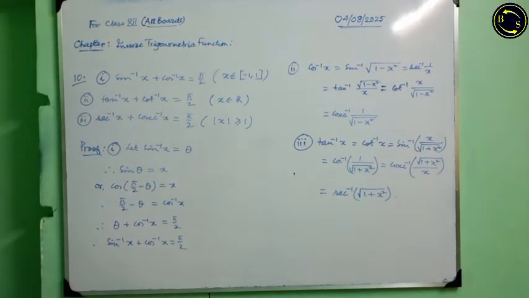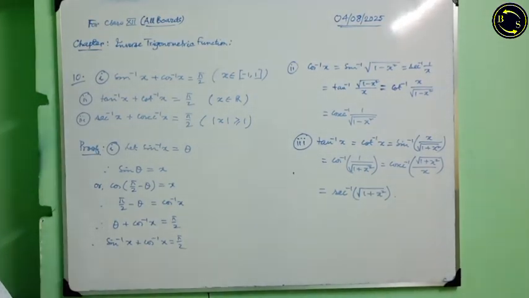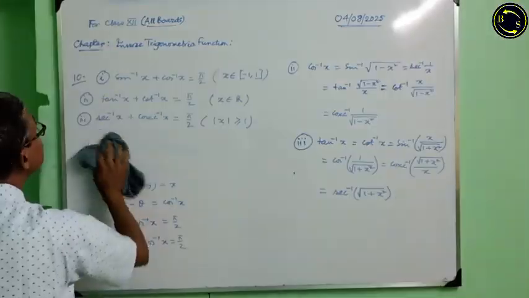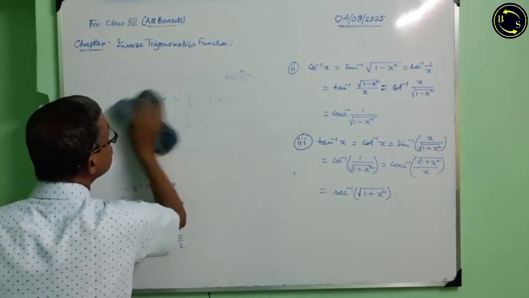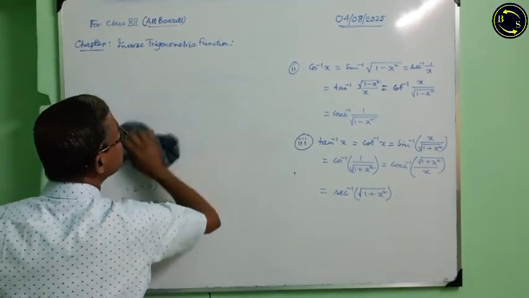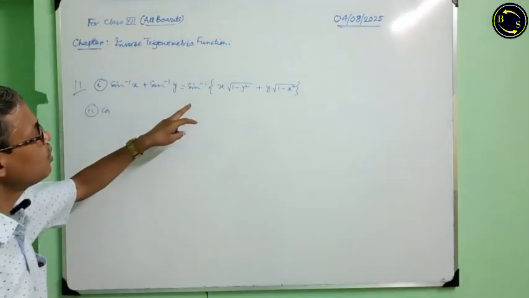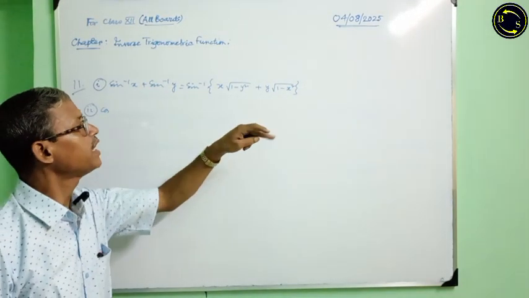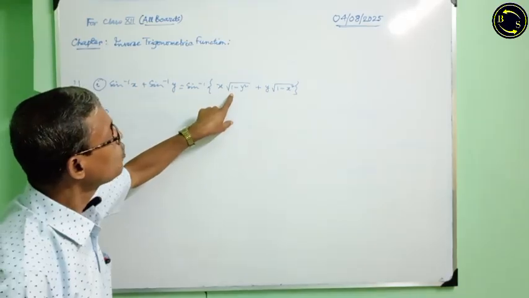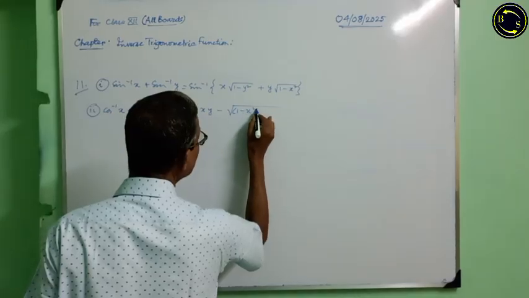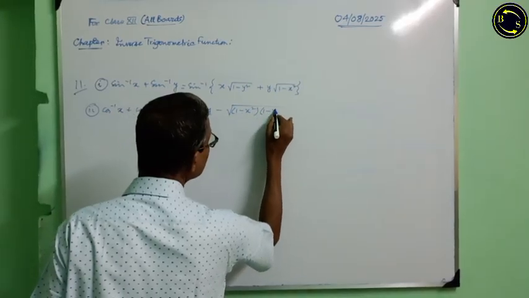Next I move to set 11. sin inverse x plus sin inverse y is equal to sin inverse within brackets x into root over 1 minus y square plus y into root over 1 minus x square.